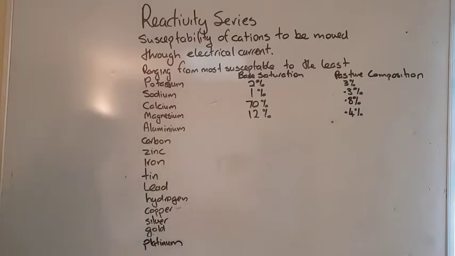Now, if we go back to the start in Faraday's laws, and where it was discussed about the amount of movement that you'll have, the law states the amount of any substance deposited or liberated during electrolysis is proportional to the quantity of electrical charge passed and to the equivalent weight of the substance.